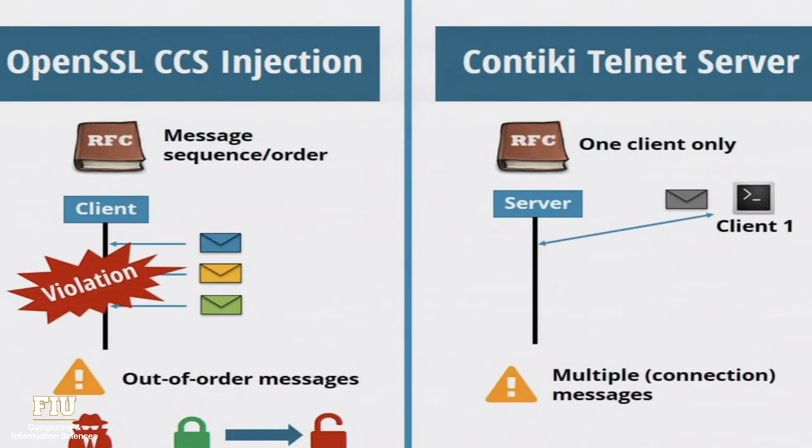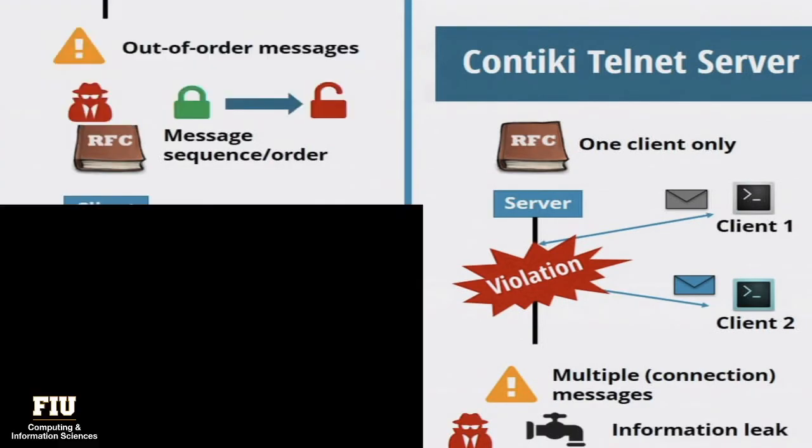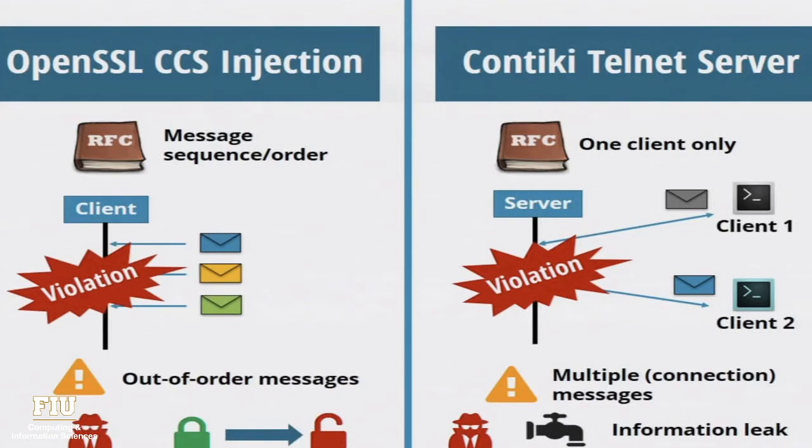But it turns out that even if a new client comes, the server accepts the new client and starts talking to that client. So that's obviously a violation. But when we reproduced this bug, we found that an attacker can utilize this vulnerability to leak information from the server. So as you can see, all these bugs are unique in their own way, right?